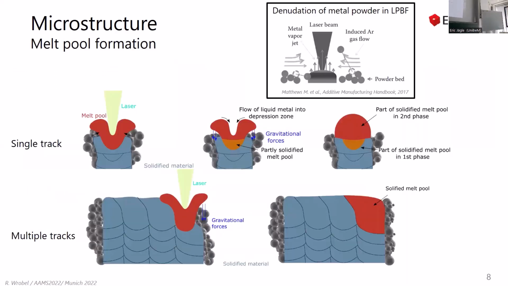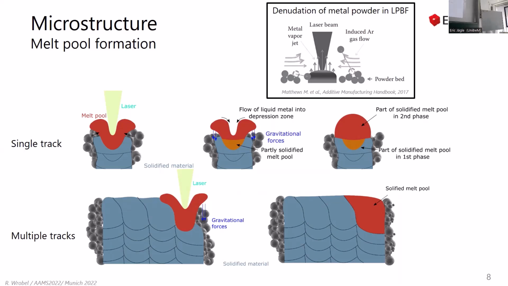So how do we explain the formation of this melt pool in a single track wall or multiple tracks? When we are creating the melt pool, we are dealing with the denudation of the process. Simply, we have a lot of evaporation of the material, which decreases the pressure inside the melt pool, and later on we have direct sucking of the powder into the melt pool.